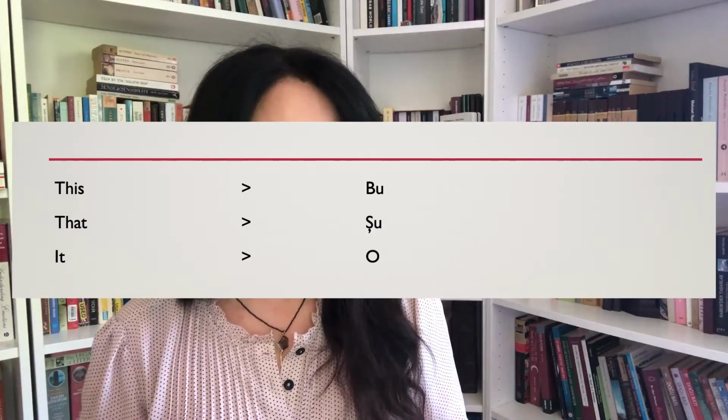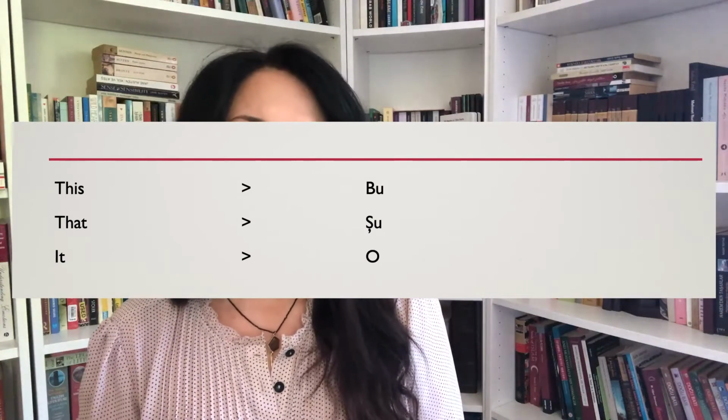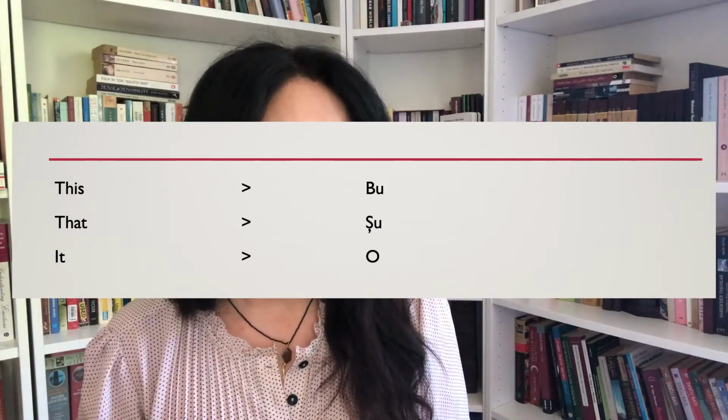About the demonstratives, before we finish this lesson, you just learned that there are three types: bu, şu, o. And if you want to know the difference between them, I think they are very similar to this and that and it in English. Bu is closer in proximity, and şu is a little further away.